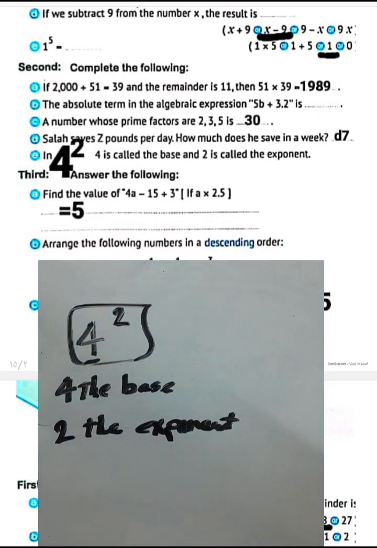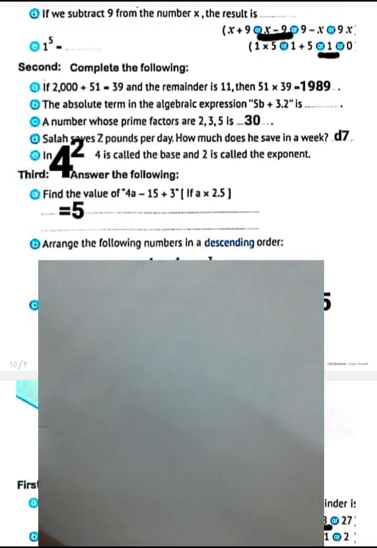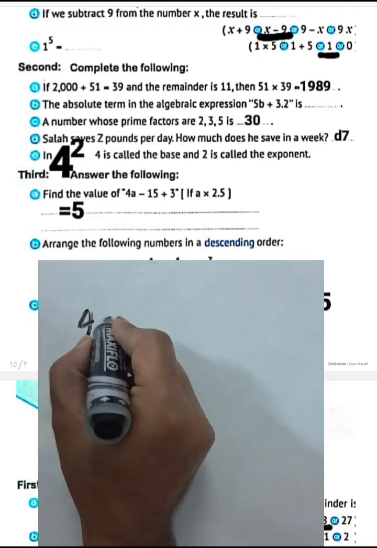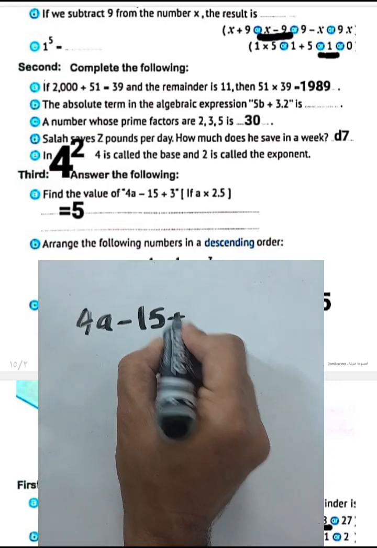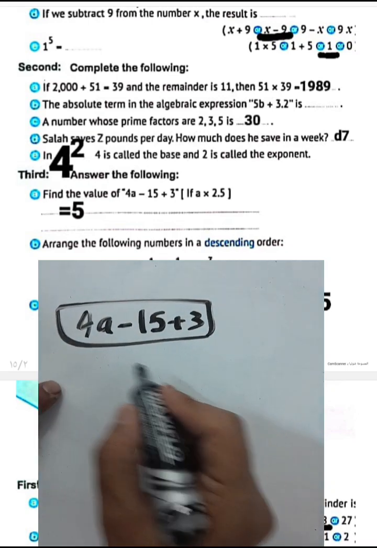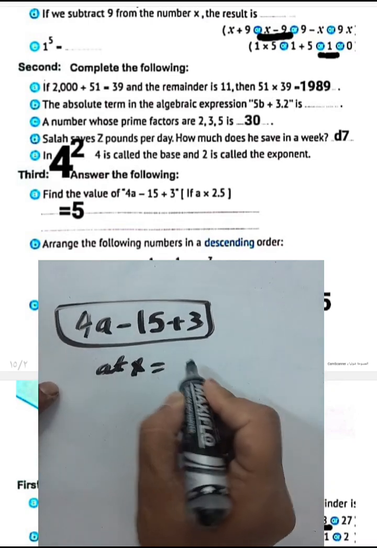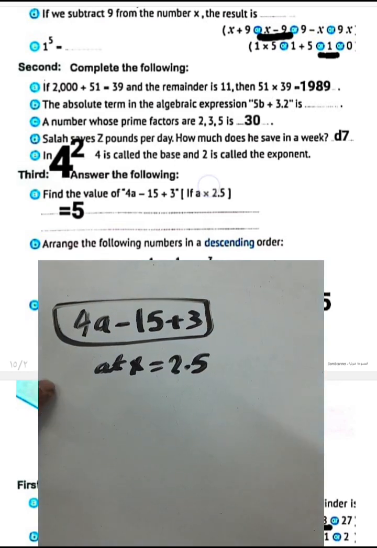Third question here. Find the value of 4a subtract 15 plus 3. We want to find the value of this expression at x equal 2.5. Okay, you must write here x equal 2.5.